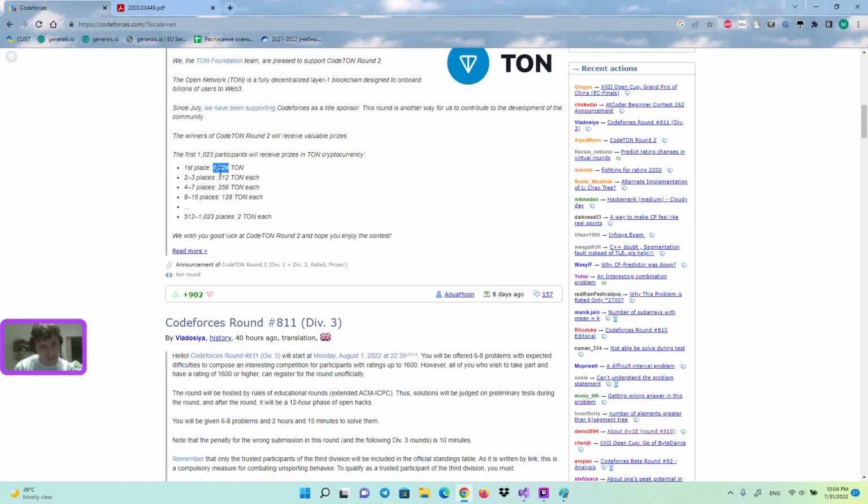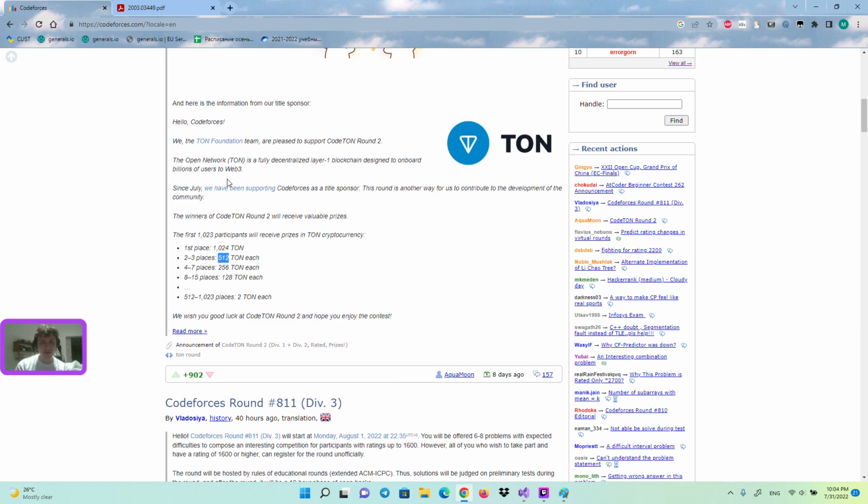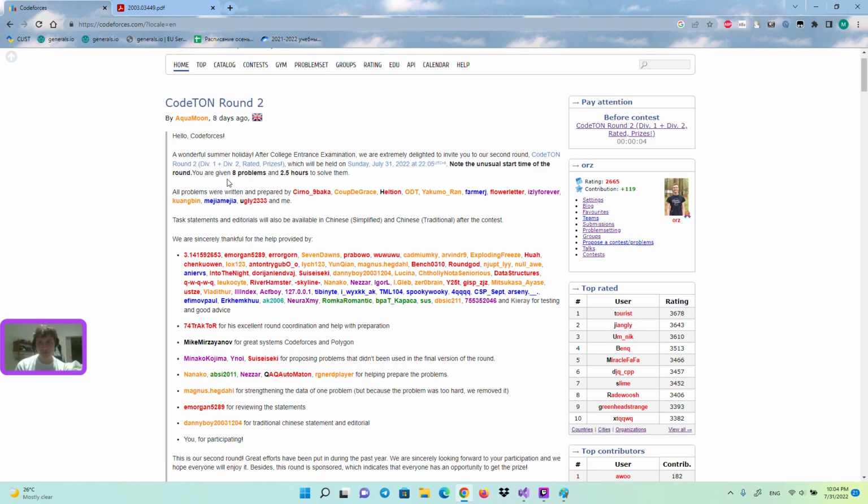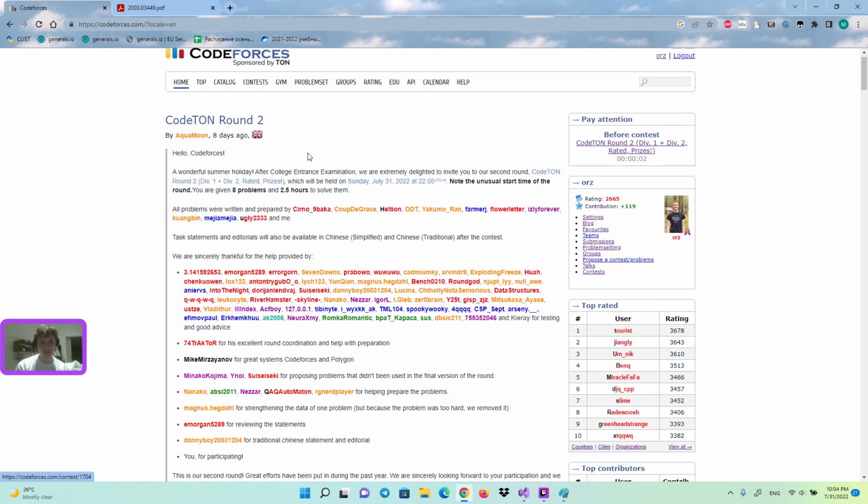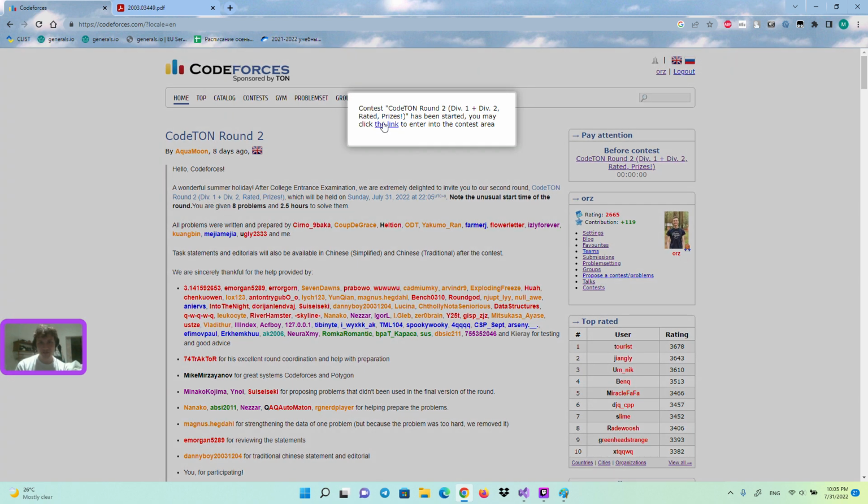So the prize fund is first place 1000, second and third also 1000 in total. So I guess it's 2 to the zero, 2 to the first, 2 to the second, and 2 to the ninth. So there are 10,240 TON in total. So very big prize fund.